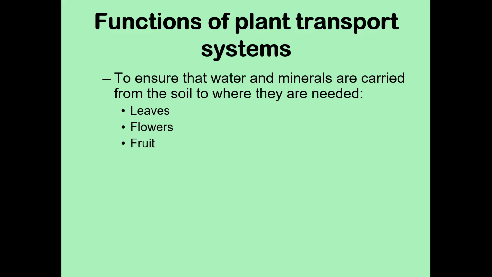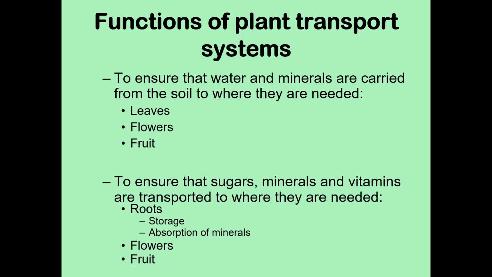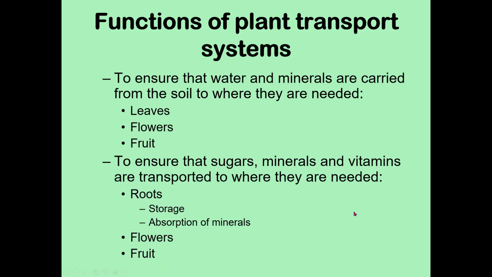But you also have these things called leaves and flowers and fruit, and the plant has to have access to them and from them. On the surface it looks like a fairly basic system, but it's quite complex. The idea is to make sure that the sugars, minerals and vitamins that the plant makes are transported to where they're needed.